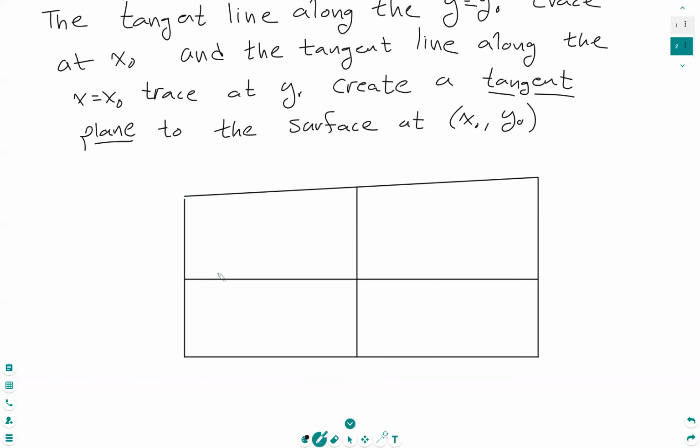Close to where they intersect, my function maybe looks something like that in this direction. In the x direction, I have a tangent line. In the y direction, I have a tangent line. And those are all we need to create this tangent plane to the surface at that point.